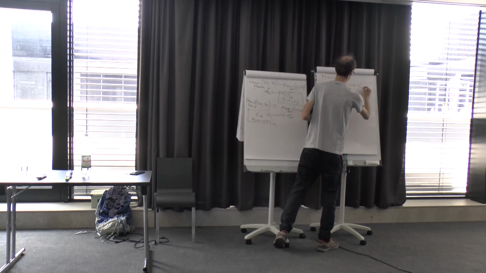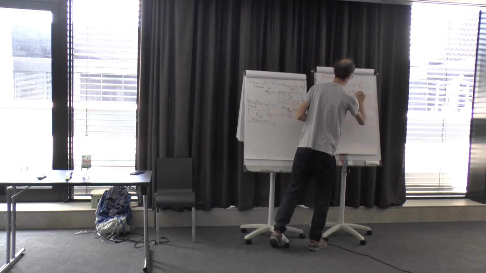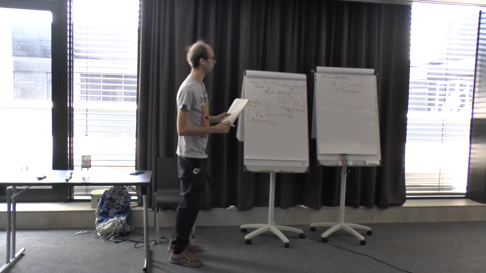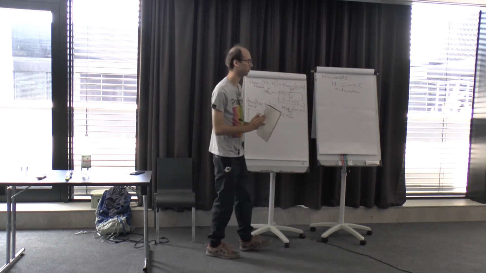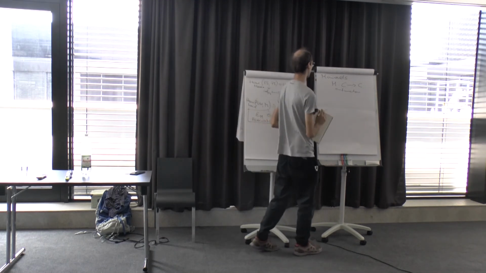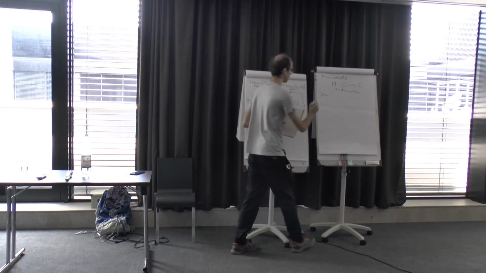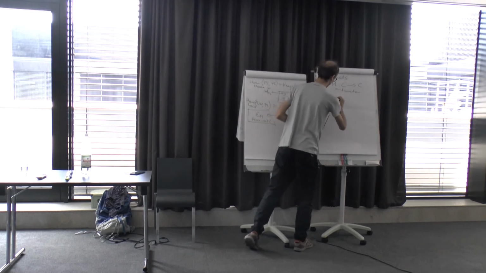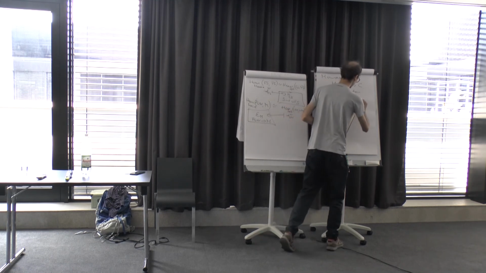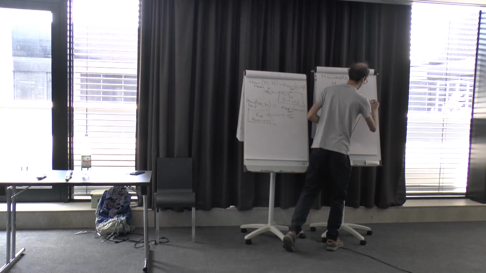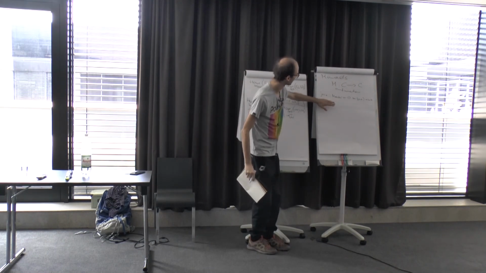So if we have a functor M, as you already know, in Haskell, it's not in the definition of the monad class, but nevertheless there is this join operation of type monad m of a to m of a. So let's give some examples.